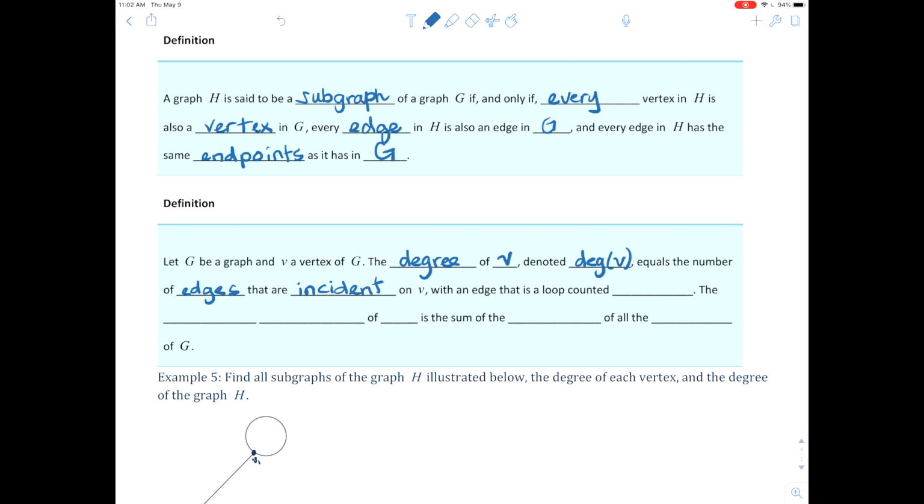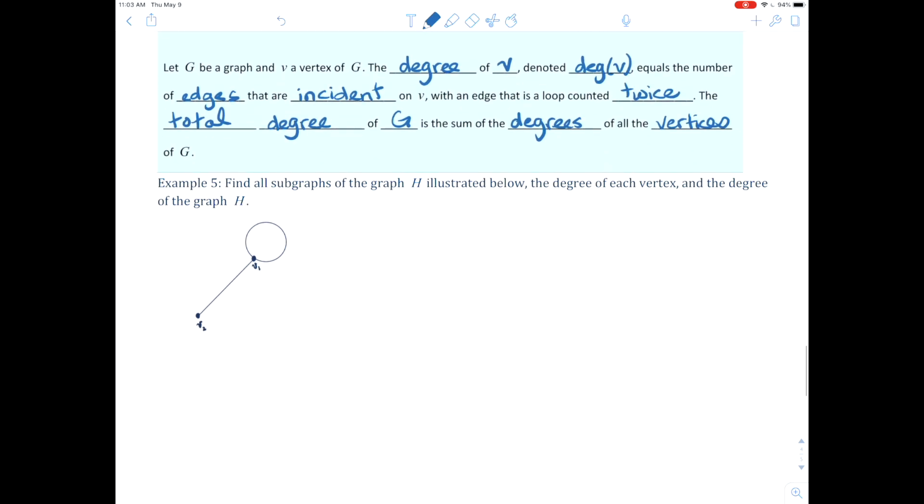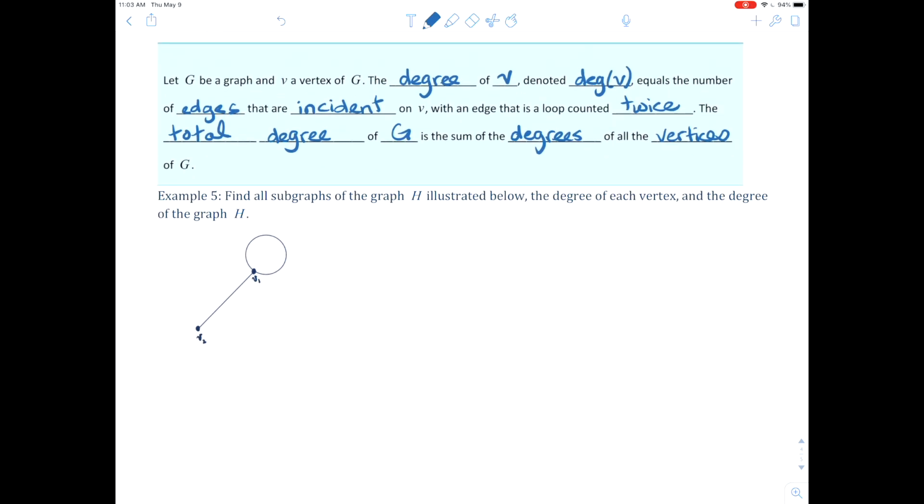So it's counted twice. So an edge that is a loop is counted twice. The total degree of G is the sum of the degrees of all the vertices of G.